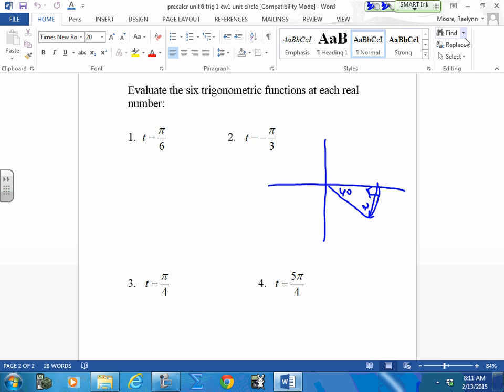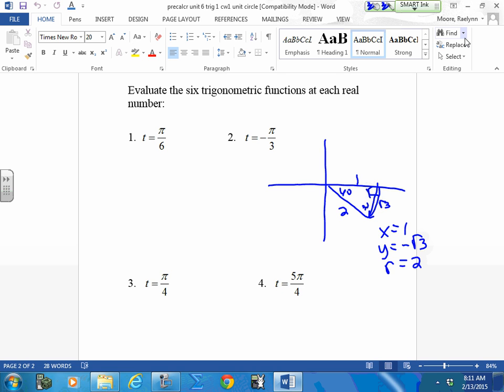So I say, okay, opposite the 30 is 1, opposite the 90 is 2, opposite the 60 is radical 3. X is 1. Y this time down below is negative, right? And R, always positive. Can I do my whole 6 functions again? Using your y over x, your x over r, your y over x. Makes life a lot easier.